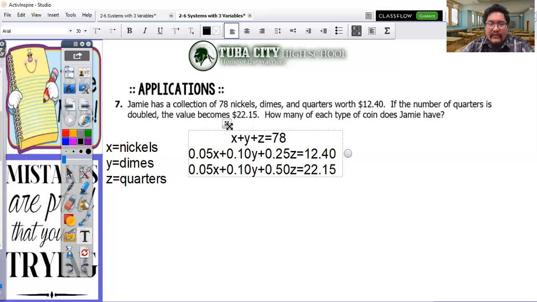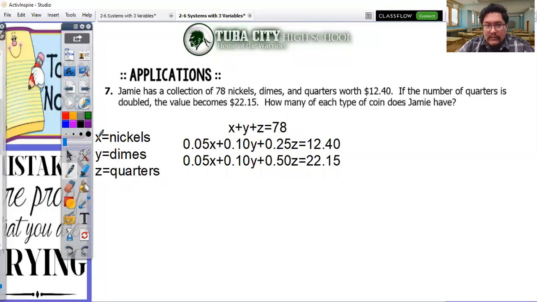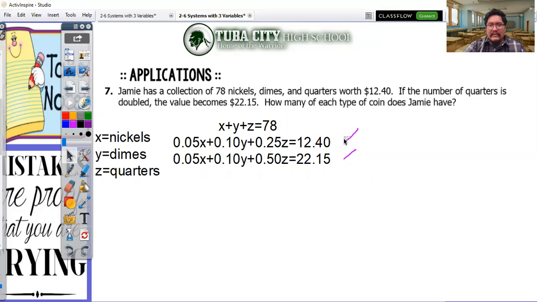Okay, so now we have our 3 equations, and remember, every one of these needs to have 3 equations. So next thing we need to do is pick some of them. Now, definitely, I want these 2 together, because the bottom 2, if I look at them, they're almost identical.